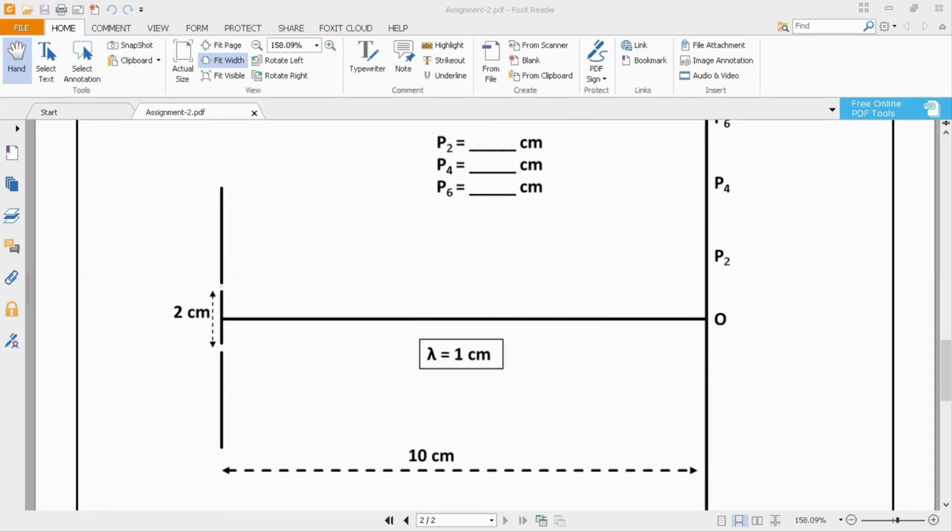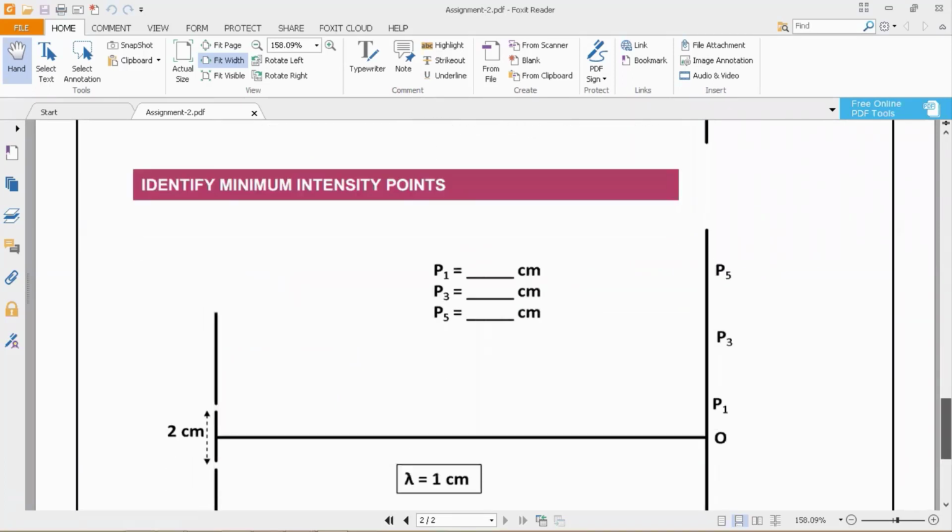Similarly, you perform the same exercise for the minimum intensity. Minimum intensity is here, meaning dark condition. For the dark condition, what is the path difference delta? It is lambda by 2. The first condition is lambda by 2. That means P1 is the point where the path difference is lambda by 2.